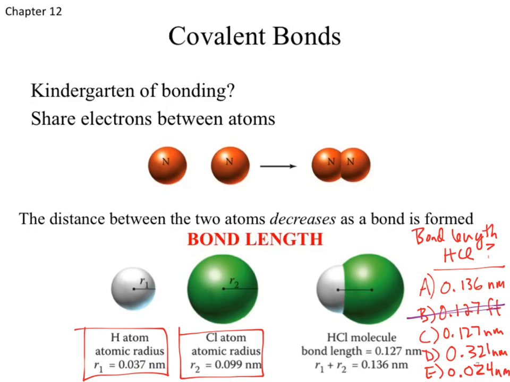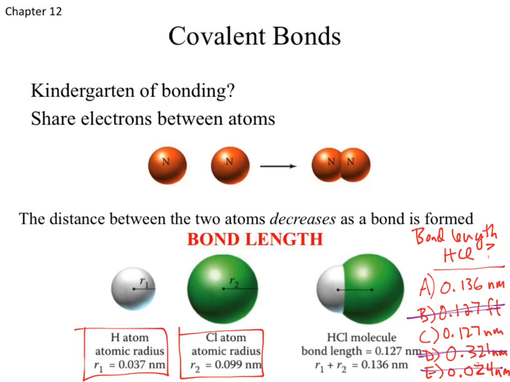That's the complete opposite of what we would predict for a bond. So D doesn't make sense. And E doesn't because it's smaller. E doesn't make any sense because it's so small, it's actually smaller than the radius of a hydrogen atom. So somehow we took two atoms and bound them to each other and made them smaller than the smallest of those two atoms. Again, doesn't make physical sense.